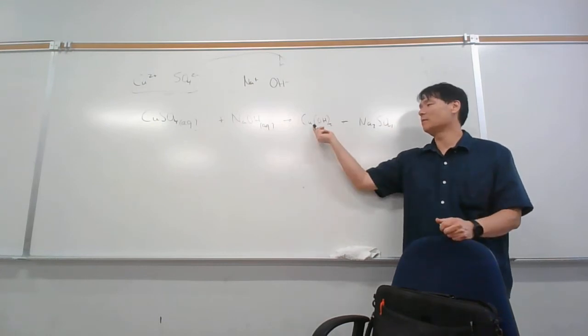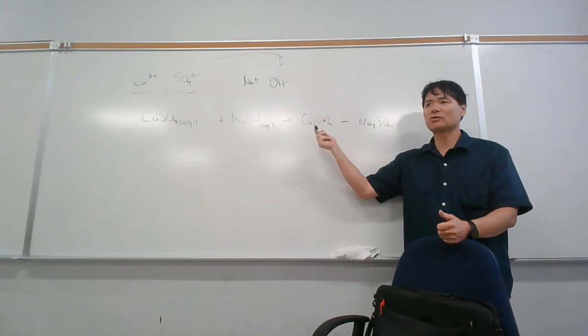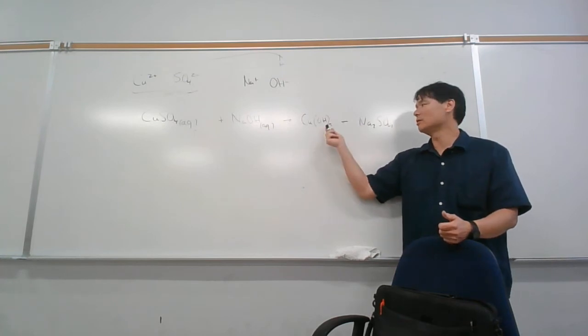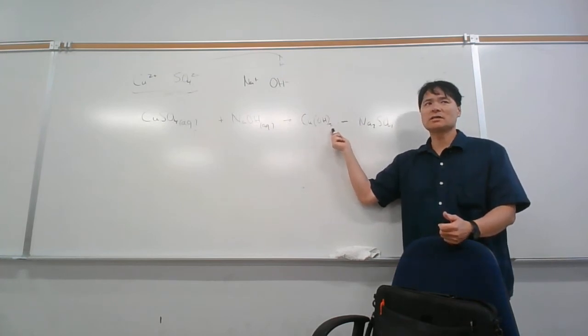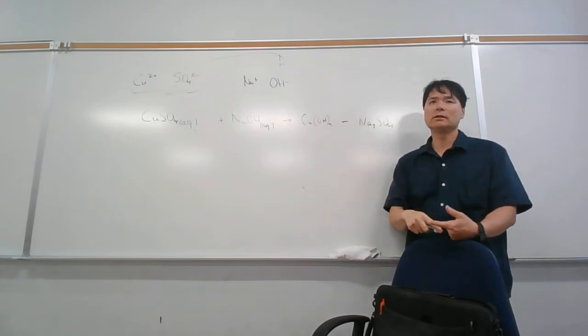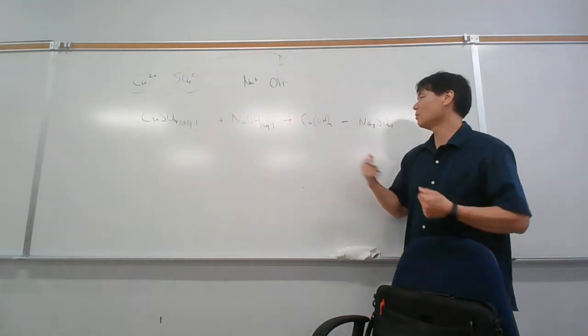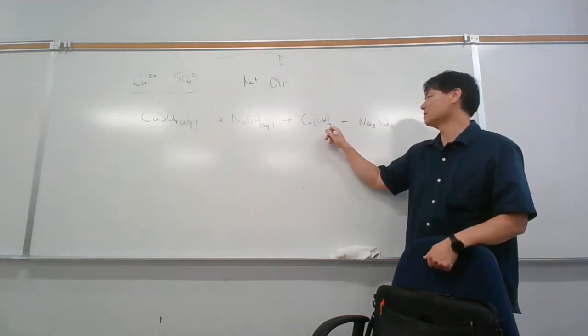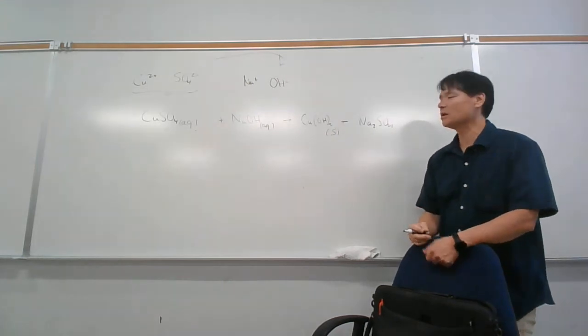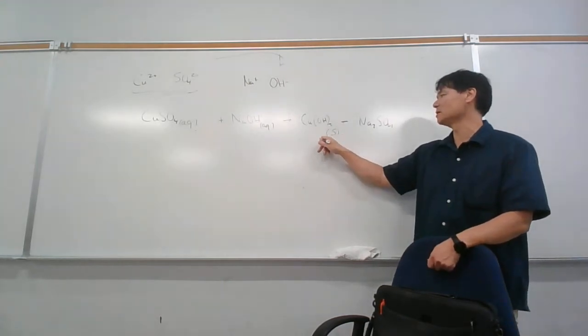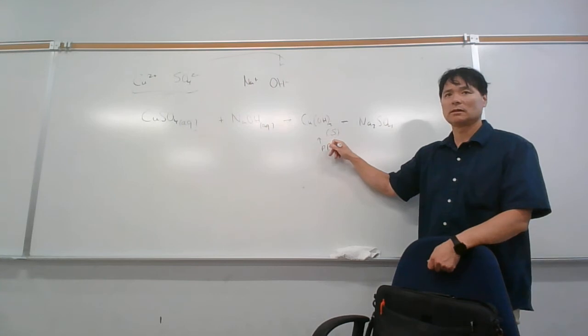And so when we look at copper 2 hydroxide, this is not group 1 or ammonium, and so we go to hydroxide. All hydroxides are insoluble except for group 1, ammonium, calcium, strontium, barium. So this is not one of the exceptions, therefore it's insoluble.